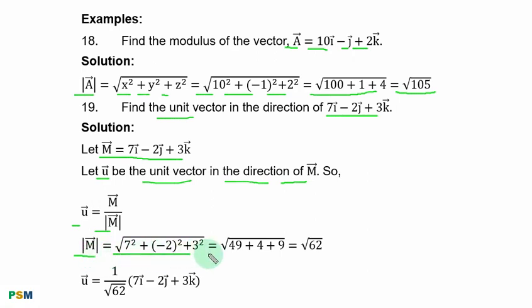That is square root of 49 plus 4 plus 9, and that is square root of 62. Therefore, the unit vector is 1 over the modulus times vector M.